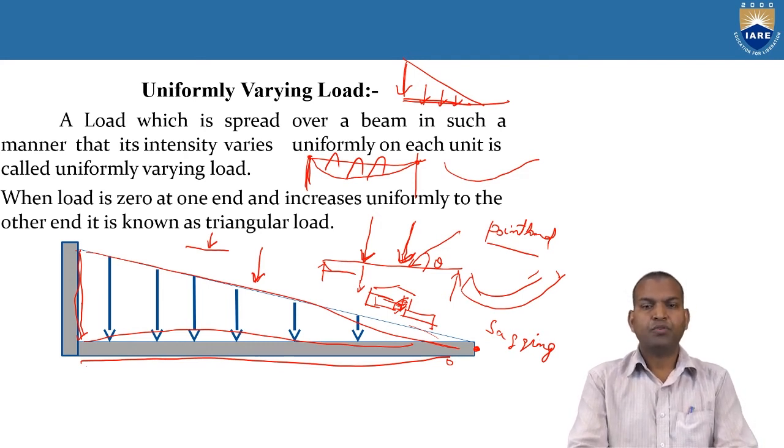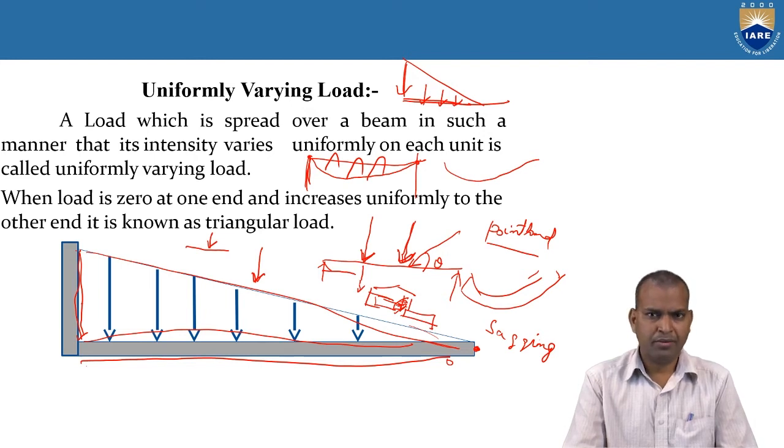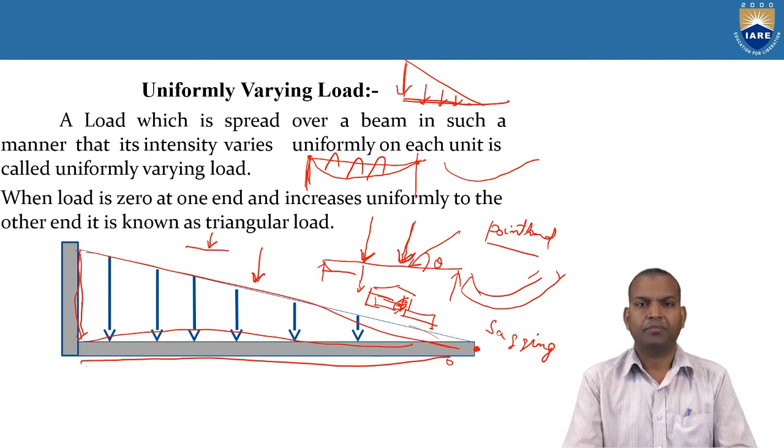In the case of uniformly distributed load, the name itself defines what type of load it is. The load is distributed uniformly throughout the span of the beam. It can be a cantilever beam, simply supported beam, overhanging beam or fixed beam.